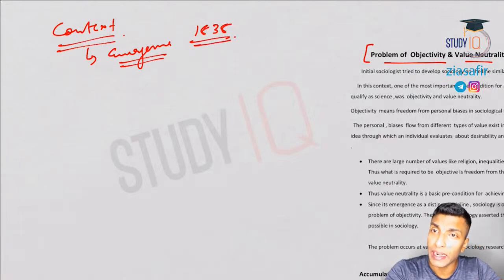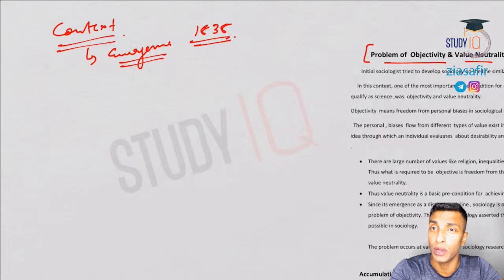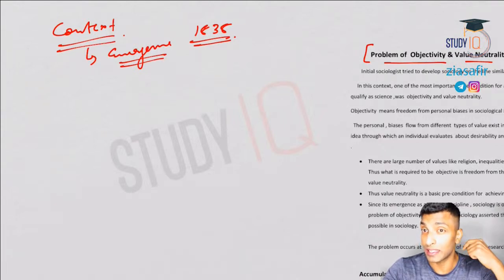To get acceptance among academicians and intellectuals, or to get initial legitimacy for this subject, you needed to say that it is similar to science, because at that time there was a general obsession with science among academicians, intellectuals, and even the public. If you say this subject is scientific, then only will it be accepted as a new discipline.